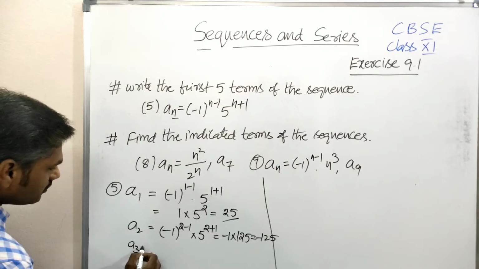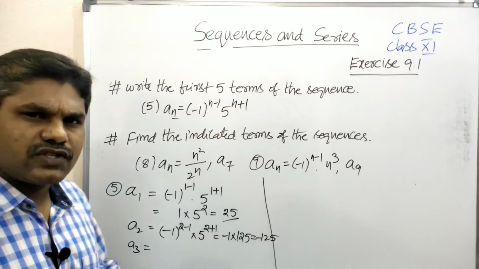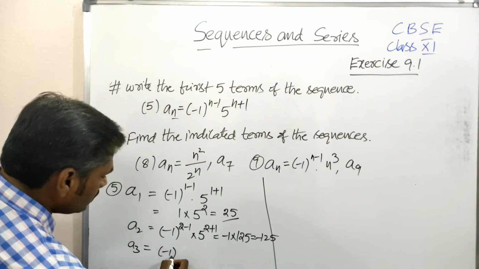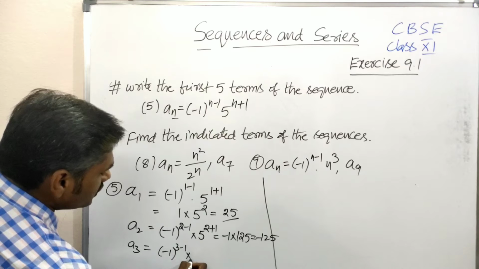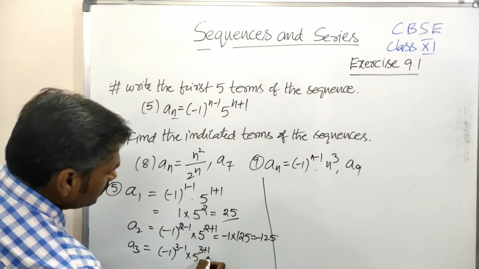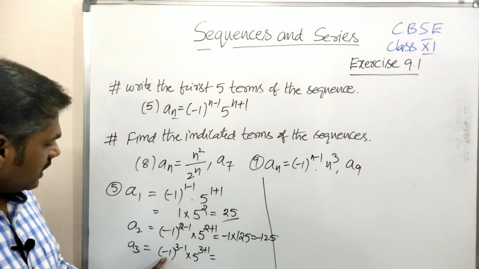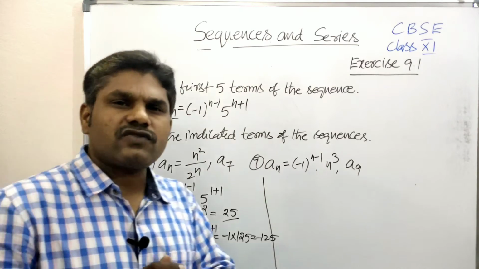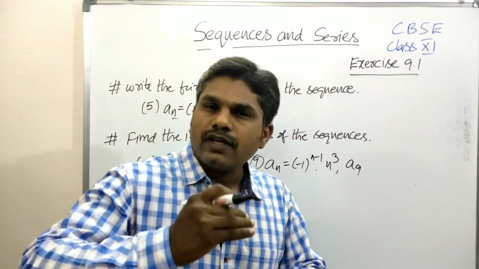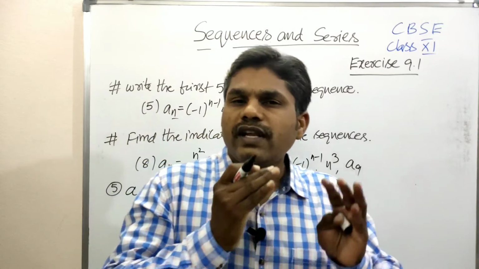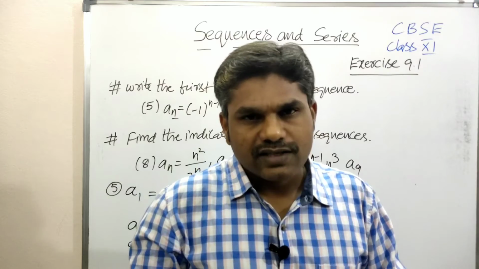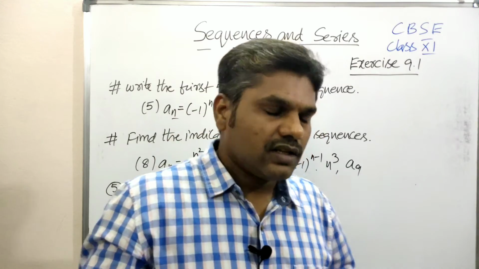Coming to the third term, putting n = 3, you will get the third term. Therefore (-1)^(3-1) × 5^(3+1), that is equals to, again, (-1)^(3-1) will become (-1)^2. Whenever a negative has an even number as its index, it will become plus.